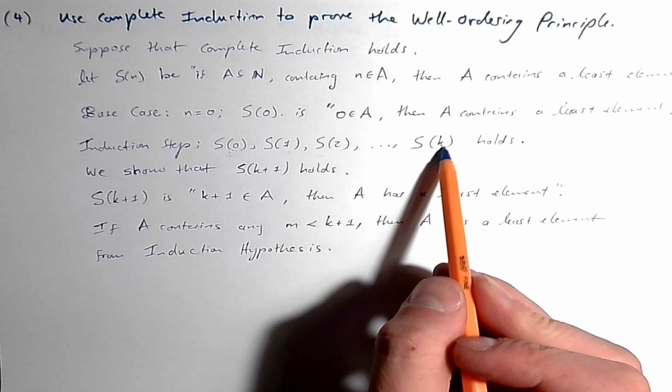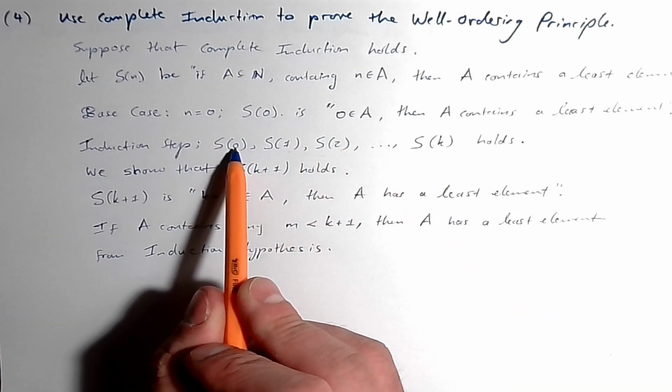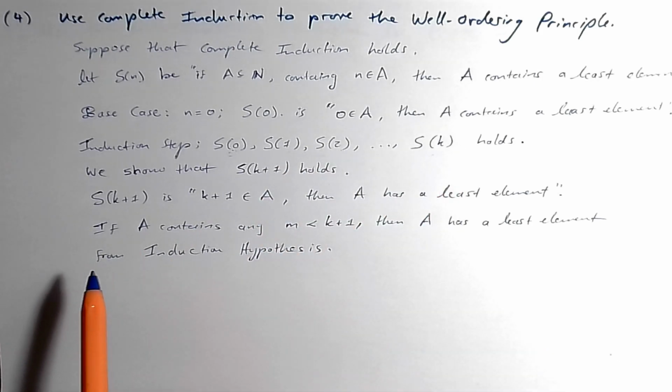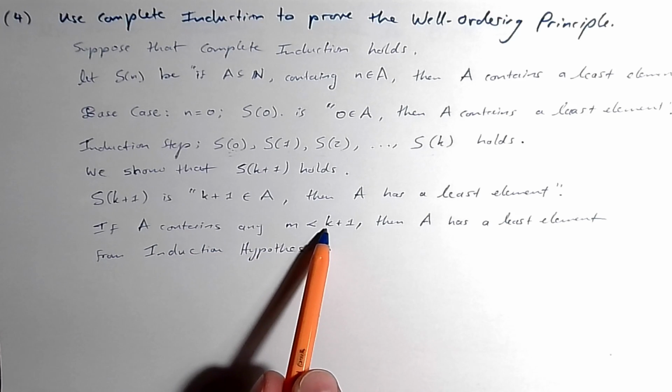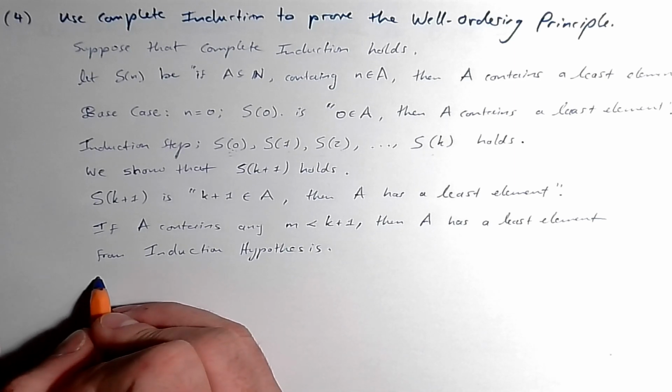Okay, because these statements all say that the set A contains a least element. Alright, so this statement says also that A contains a least element. Okay, and then that's the first case.